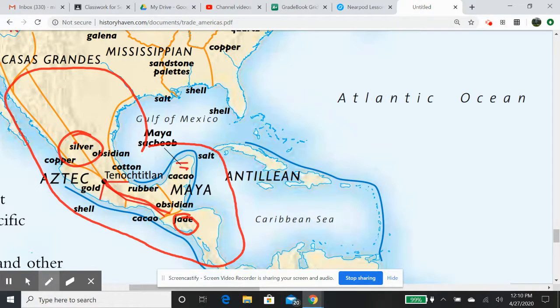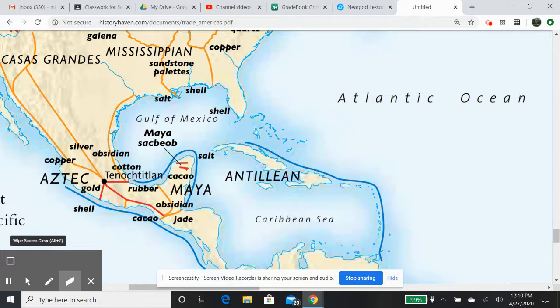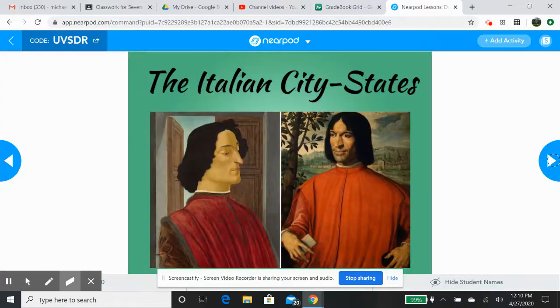They have a trade route that more than likely came here to Tenochtitlan, the Aztec capital, and they were able to trade that. So even within Central America, South America, and North America during this time, people were trading ideas and goods that they needed.